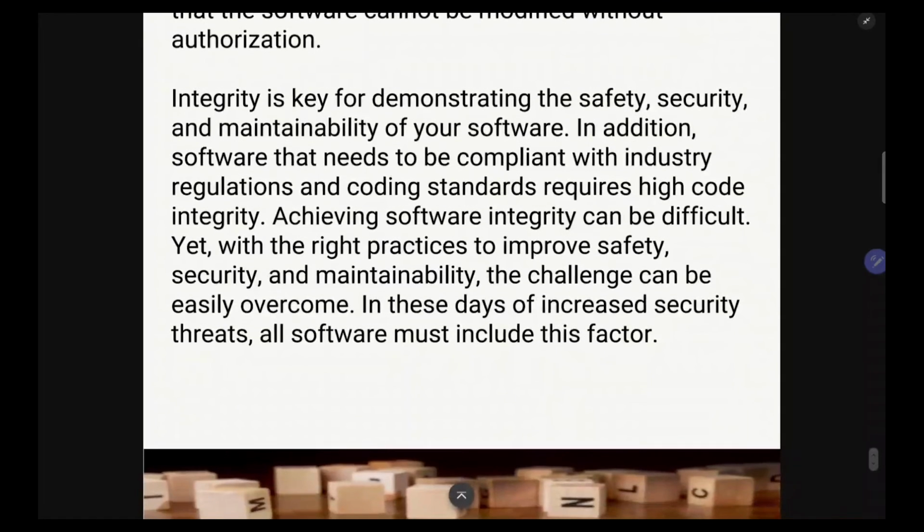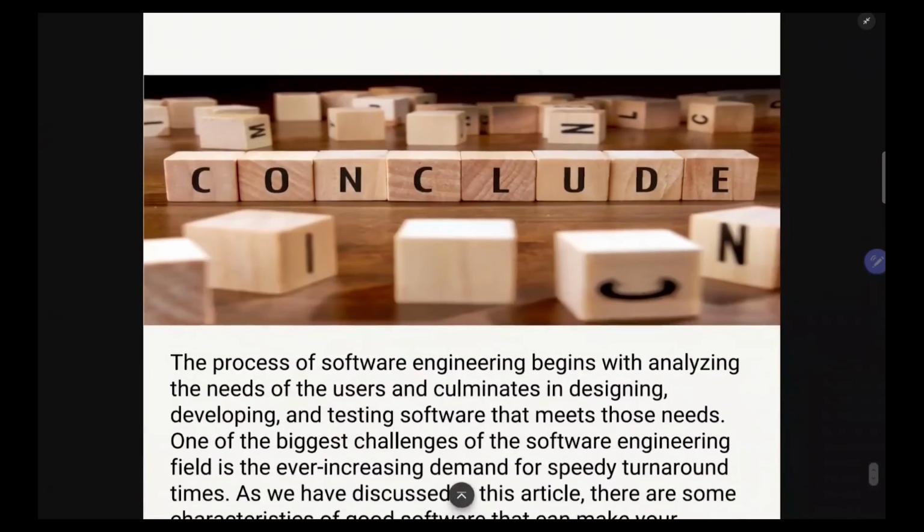In addition, software that needs to be compliant with industry regulation and coding standards requires high code integrity. Achieving software integrity can be difficult, yet with the right practice to improve safety, security, and maintainability, the challenge can be easily overcome. In these days of increased security threats, all software must include this factor.